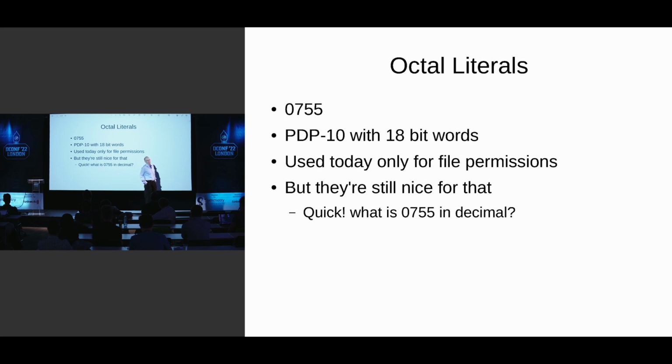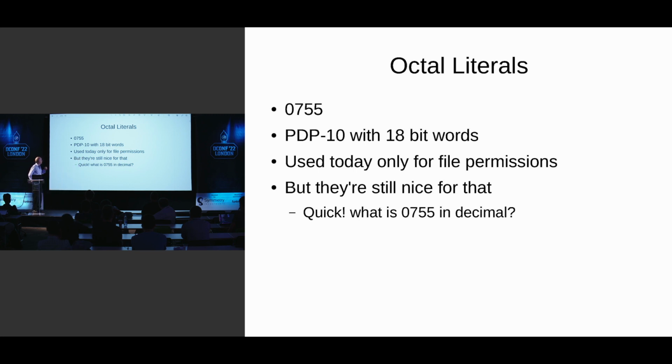But octal lives on. It turns out that octal is really only used for one thing, and that's file permissions. The Unix file permissions are based on octal, and you have three digits: the user permissions, the group permissions, and the world permissions.